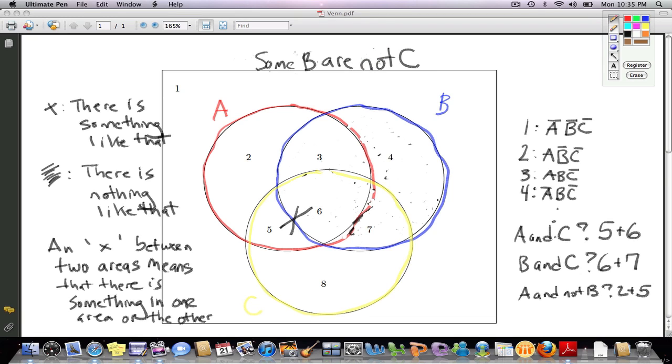It's saying something that we do have, and that thing is both B and not C. It's a B that is not a C. Where are the B's that are not C? It's areas 3 and 4. It would be contained within the blue circle, the B circle, but outside of the C circle. So the diagram for some B are not C looks like that.